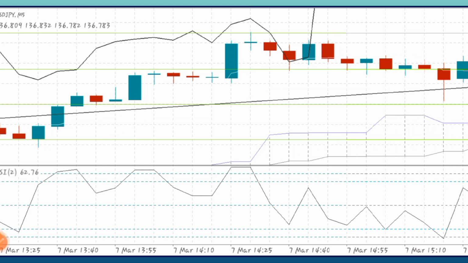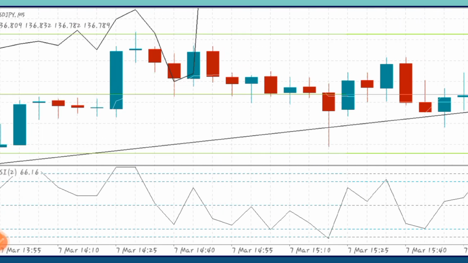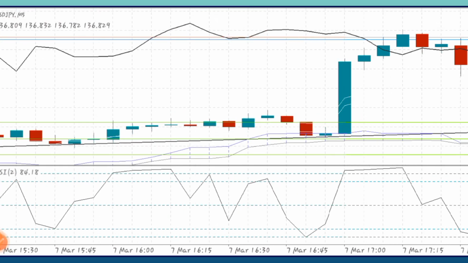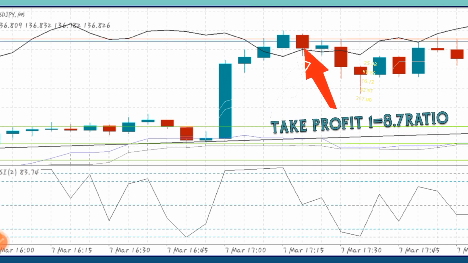And having this engulfing to hit my third profit level, I allowed the chart to keep moving. I decided to close the entry. I closed it somewhere here where you have the price presently.